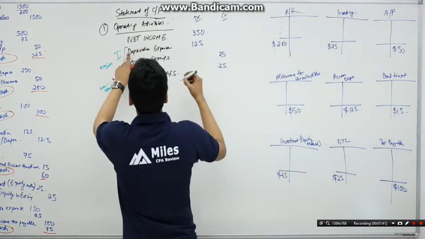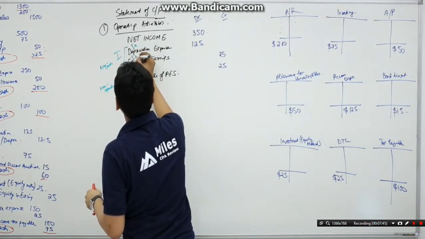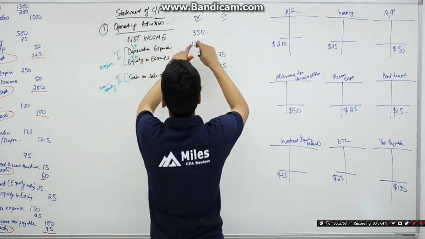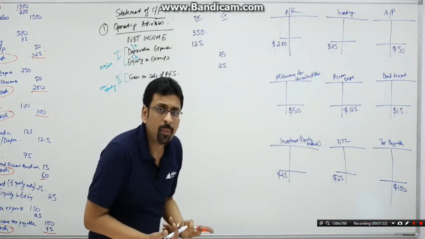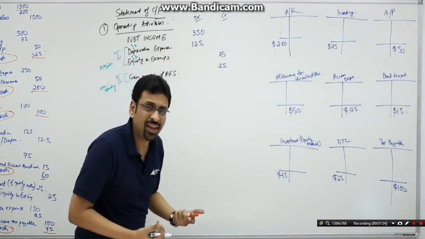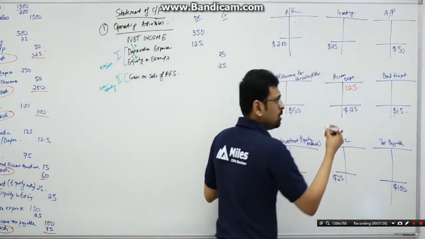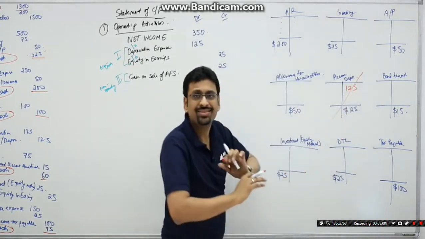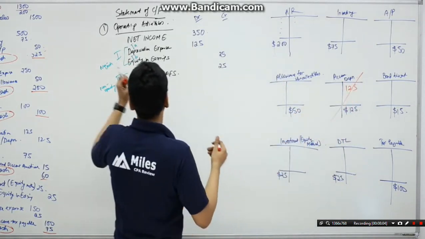So I could say this depreciation expense, this is 1A. Equity in earnings, this is 1B. Depreciation expense, 125. Accumulated depreciation. Now naturally, the moment you have depreciation expense, accumulated depreciation, that would increase. So this is done. Now we got the reason why it's increased.